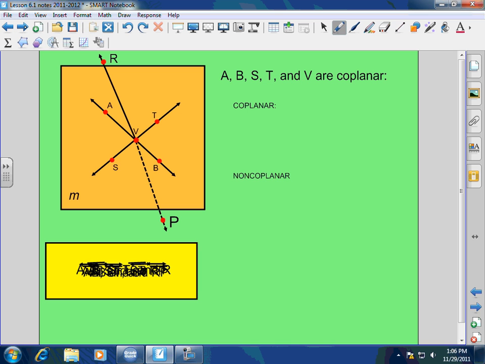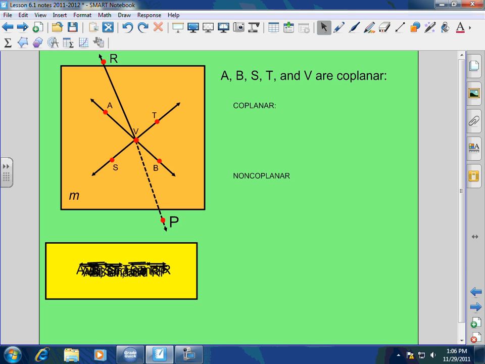And we put a pen or a pencil or a straight object vertically through plane M. That's why we have dashed lines. Now I'm going to take some answers out of this box, and you're going to tell me where it goes.